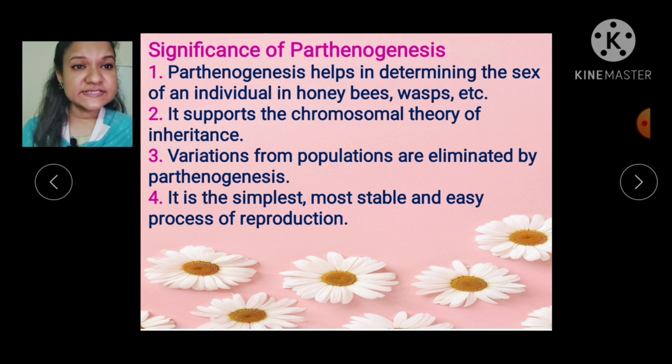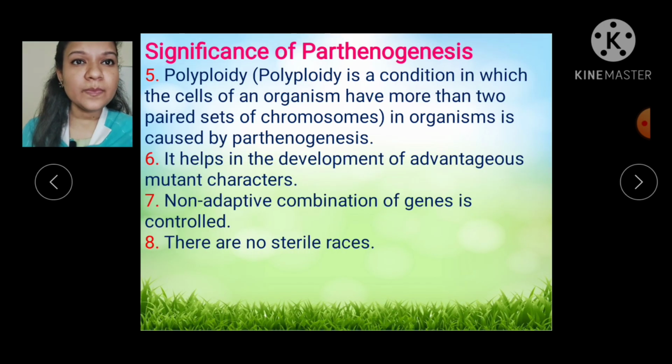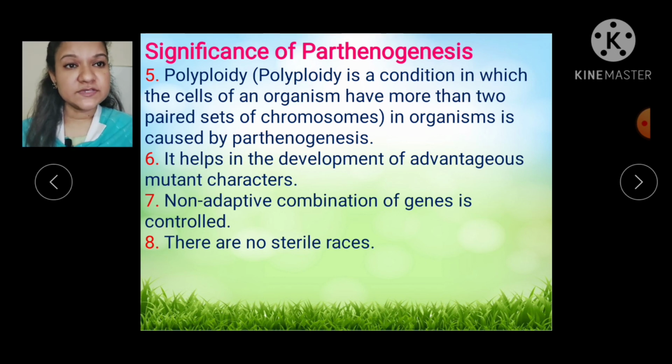Number 4, it is the simplest, most stable and easy process of reproduction. Number 5, polyploidy. So, we should know what polyploidy is. Polyploidy is a condition in which the cells of an organism have more than two paired sets of chromosomes. Polyploidy in organisms is caused by parthenogenesis.